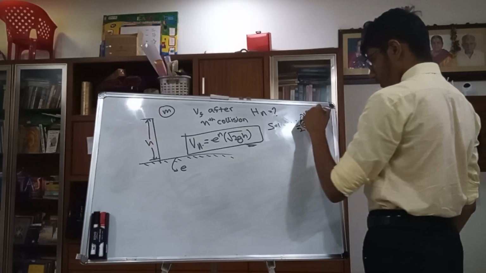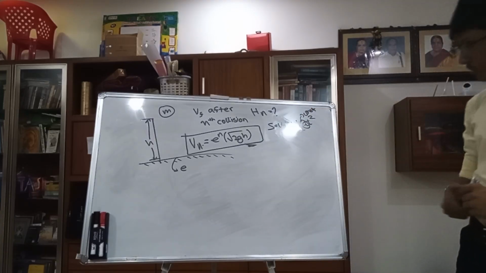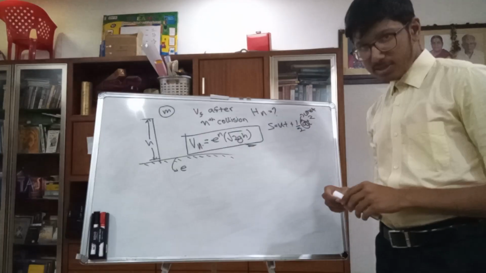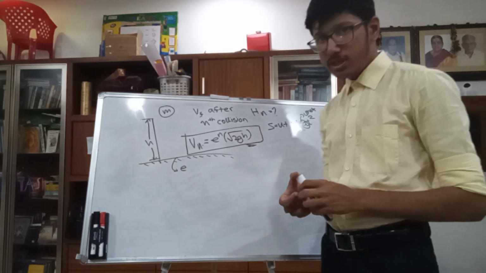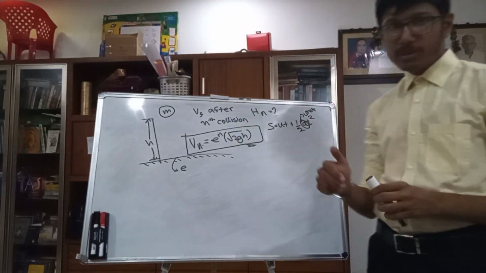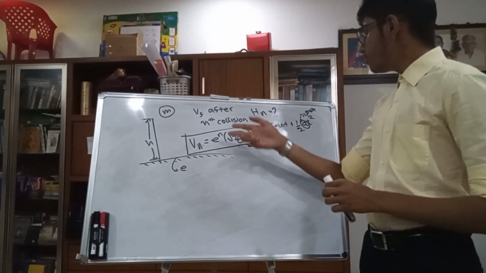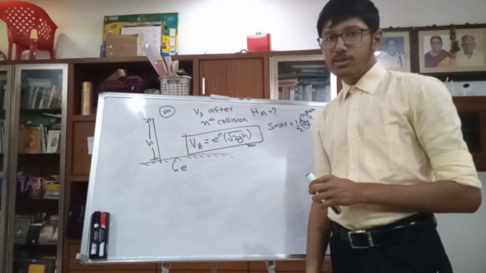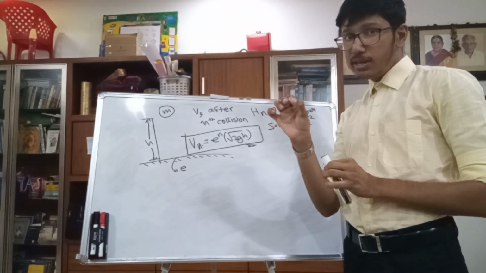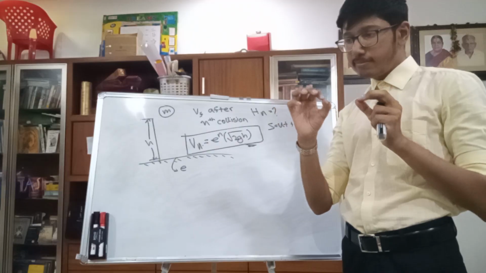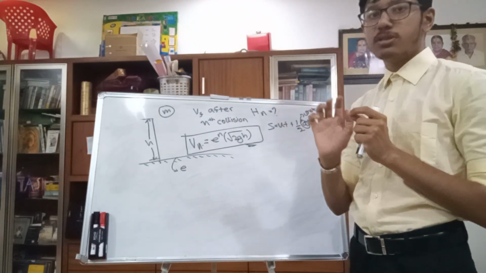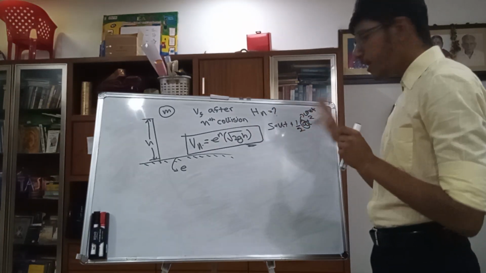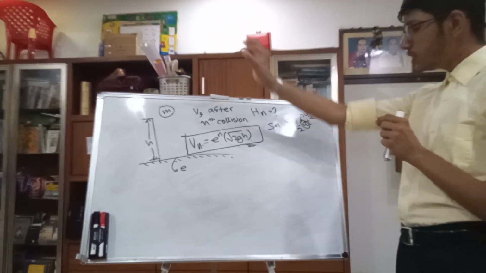In the case of a spring, no. F is equal to kx. Then what will be the acceleration? F by m, which is kx by m. Directly don't substitute like this, because kx by m will change at each and every distance. The acceleration there is a function of elongation or compression, so you cannot use this formula because acceleration is not constant.